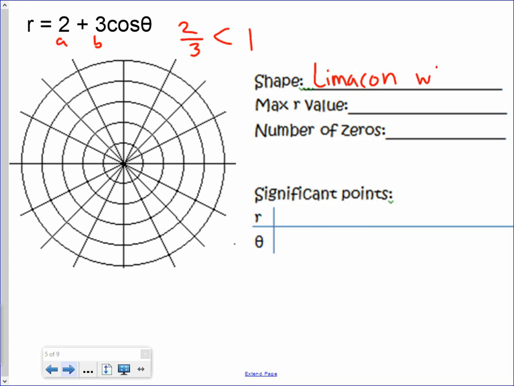Okay, limacon with loop. So I know I'm going to be drawing the loop. The max r value is 5. 2 plus 3. And the number of zeros? 2, Lillian says. Anytime you have the loop, to create that inner loop, you've got to cross the pole twice. Would it be okay if we just call the loop the shape?